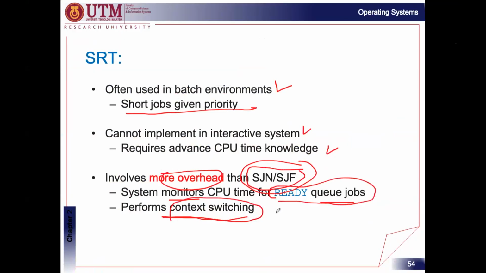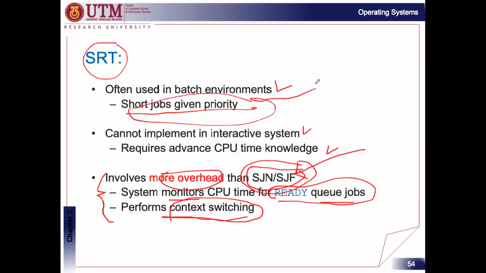This is overhead, extra work compared to SJN. Normal SJN just follows the sequence, but SRT needs to do extra monitoring. But at least finally you have the shortest job given priority. This is important, and it depends on the target achievement, what you're going to achieve.